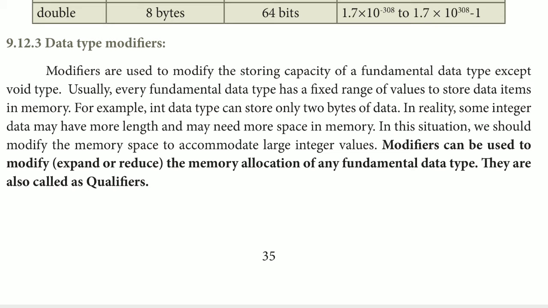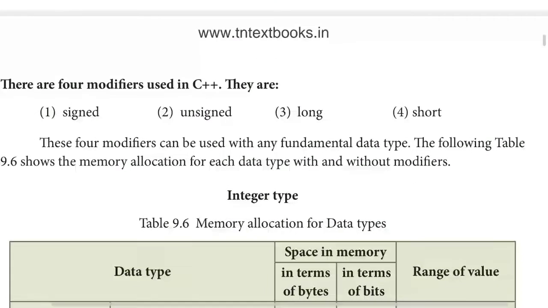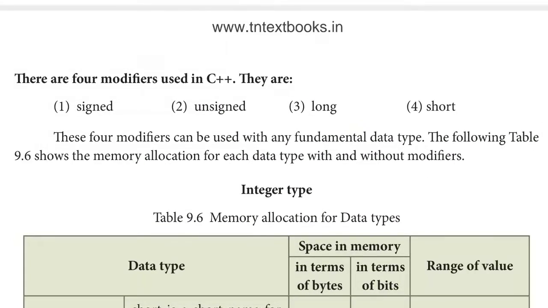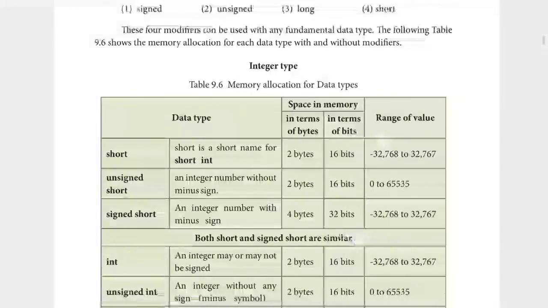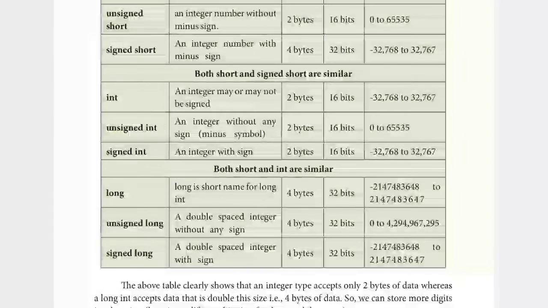So this is an important one. You have to know the four modifiers: signed, unsigned, long, and short. Here they will give some tables. You can use combinations of the modifiers, like signed and unsigned.